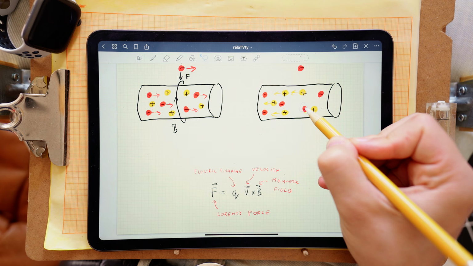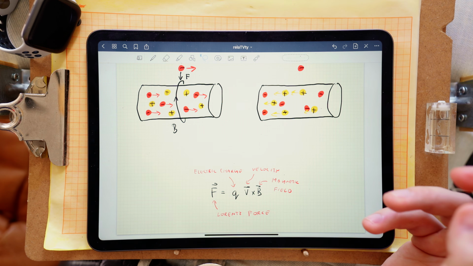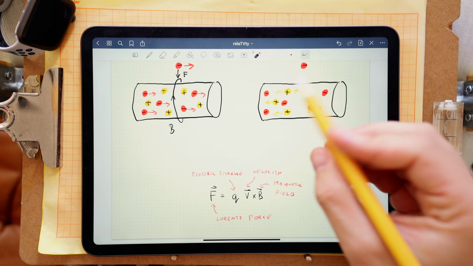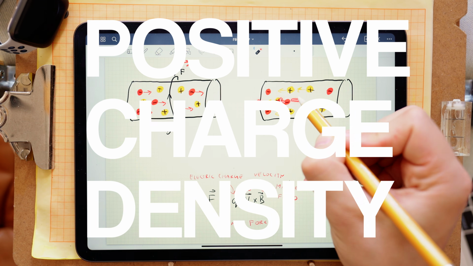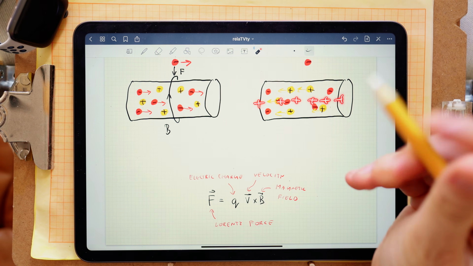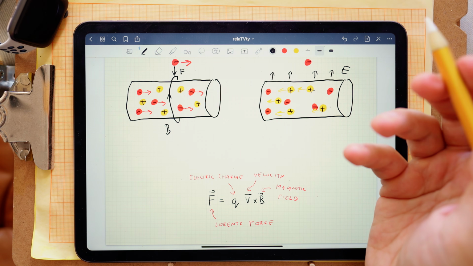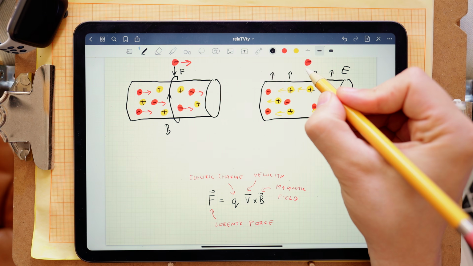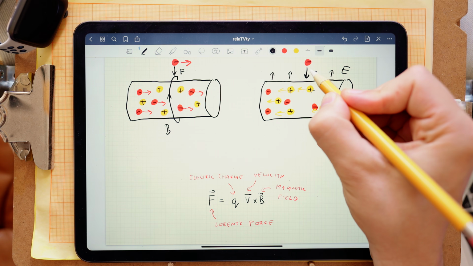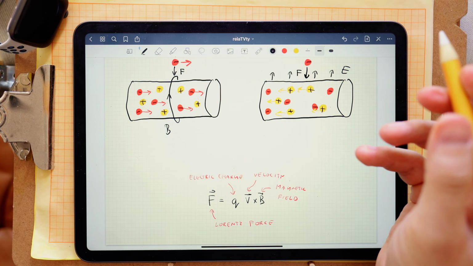So in this frame of reference, the wire is not electrically neutral anymore. It has some positive charge density, and that charge density will create an electric field outside of the wire, and that electric field will generate an electric force, attracting the external electron towards the wire.